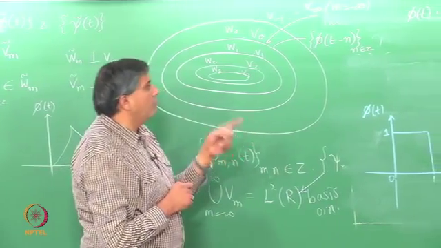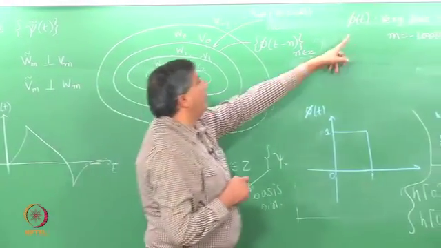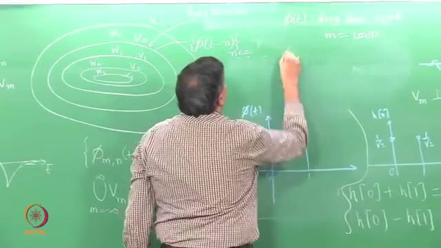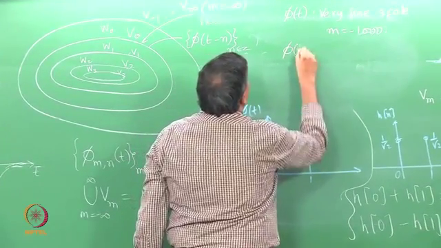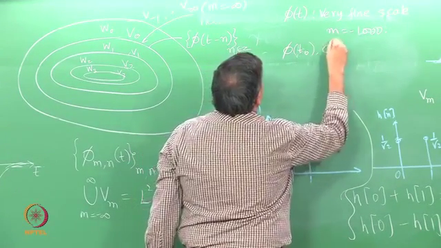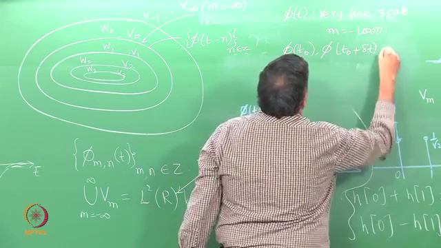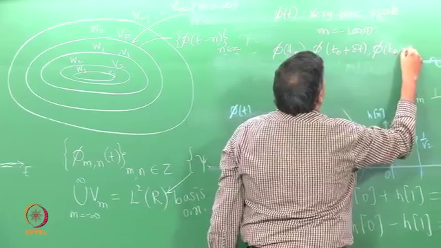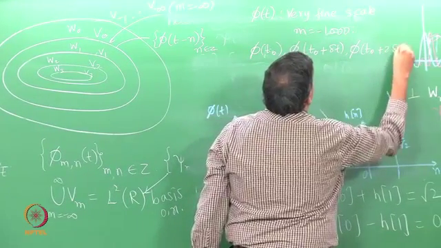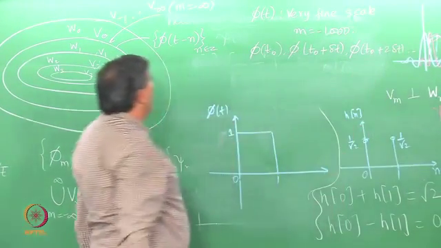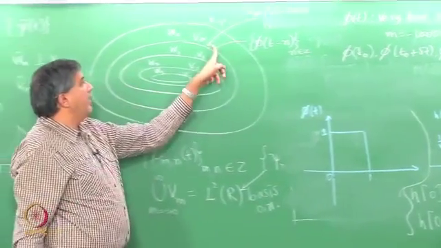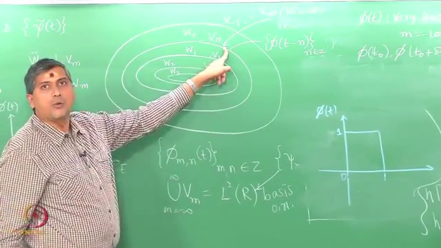So, here also what I am doing is taking phi of t known at some very fine grid, let us say t naught, then t naught plus delta t, phi at t naught plus 2 delta t and so on. So, a very fine grid, and projecting it, I have a bunch of approximation coefficients.